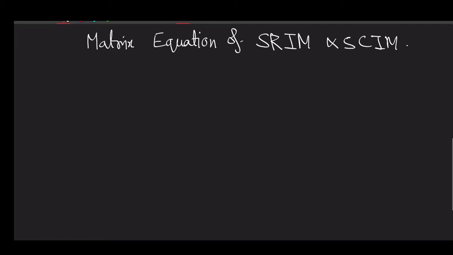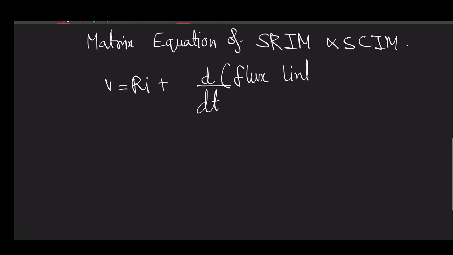The machine rotor windings are short circuited internally, and their equation is V is equal to Ri plus d/dt of flux linkage.